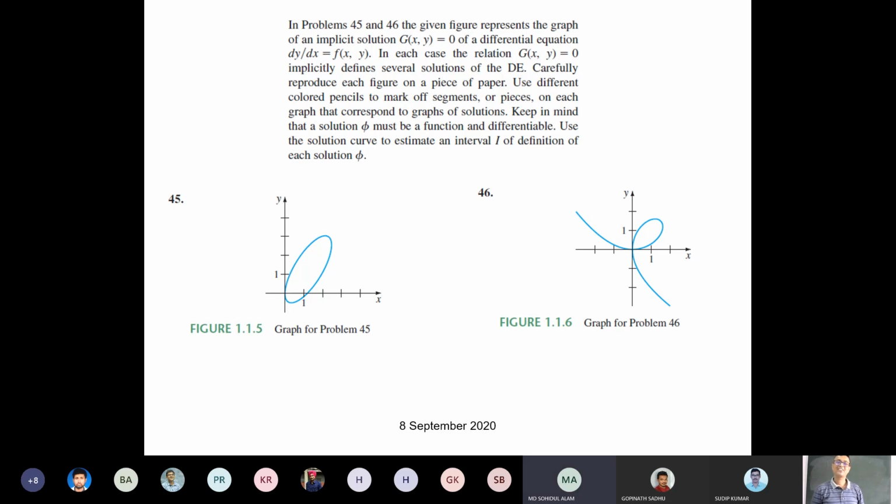So an orthogonal trajectory is a curve which cuts every member of the family of solutions orthogonally. Can you give me an example? For example, a family of straight lines and a family of circles, they are orthogonal.